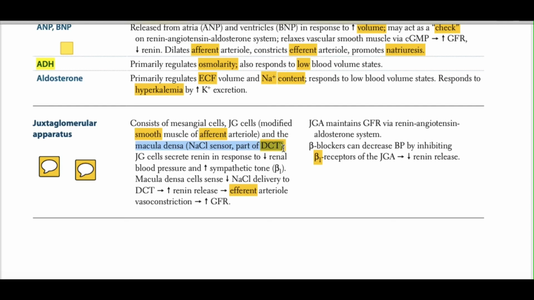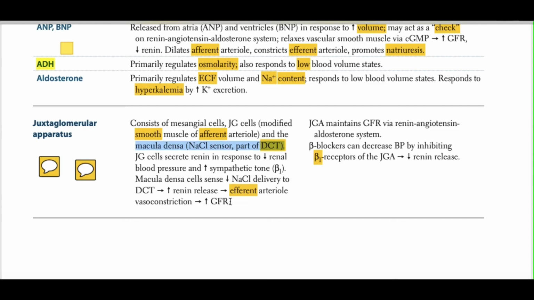So juxtaglomerular cells secrete renin in response to decreased renal blood pressure and increased sympathetic tone, and macula densa cells sense decreased sodium chloride delivery to the distal convoluted tubule. This will also result in increased renin release. So the efferent arterioles will be constricted, or their vasoconstriction, so that will lead to increased GFR.